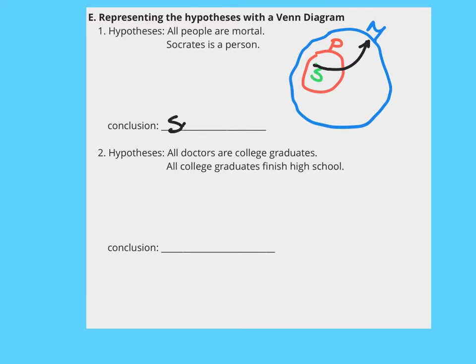So our conclusion is Socrates is mortal. With these types of problems, what you're going to need to be able to do is draw the Venn diagram, draw your circles to represent it, and then also come up with the conclusion.